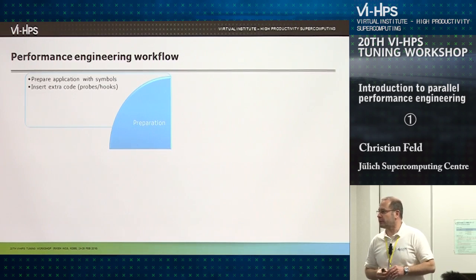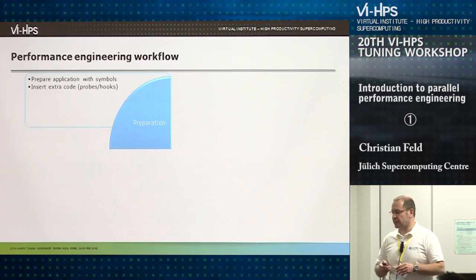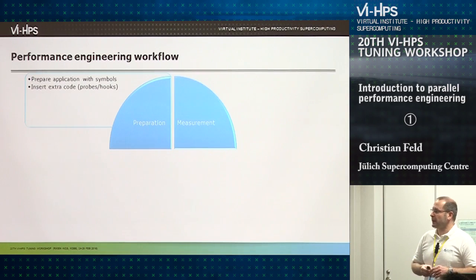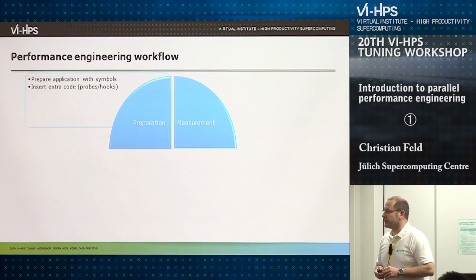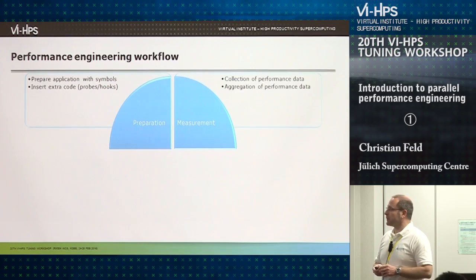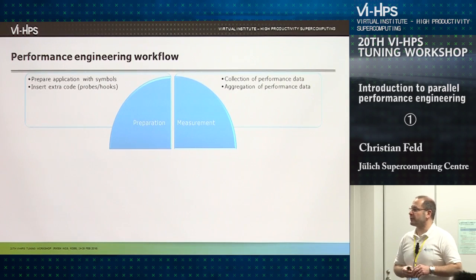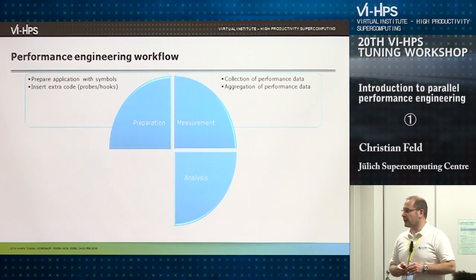This can be done by instrumentation. And if you have this instrumented program, you then do a measurement run. During this measurement run, you collect some performance data and you aggregate this data.